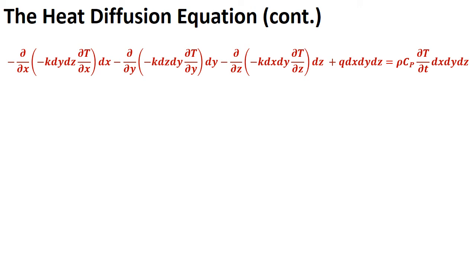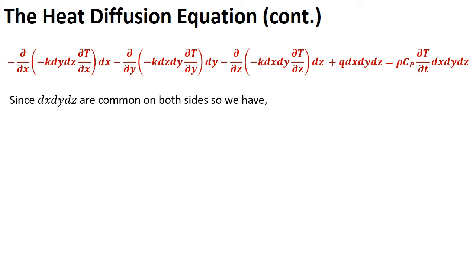When we put the values of Qx, Qy, and Qz in the equation that we derived by substituting the values of heat going out of the system, we have come up with this equation, which is available on your screen.